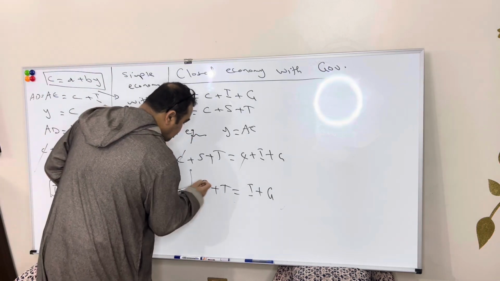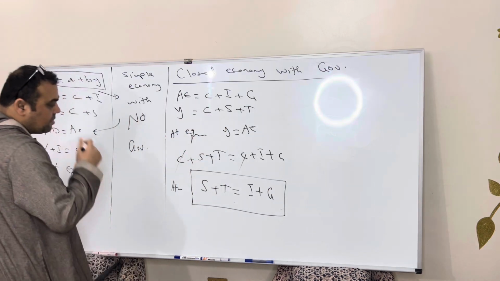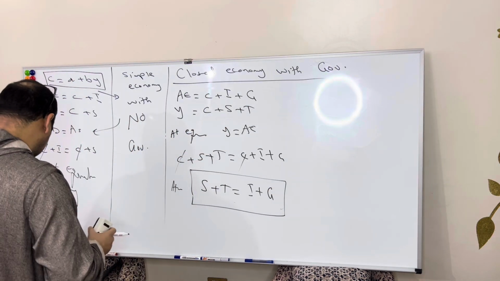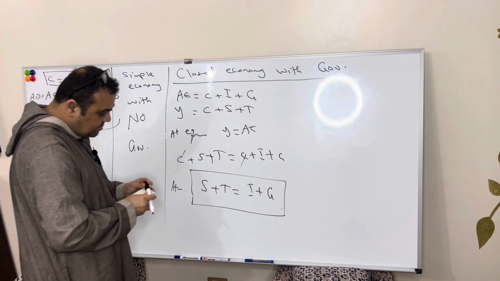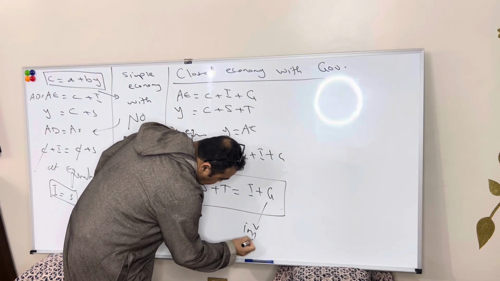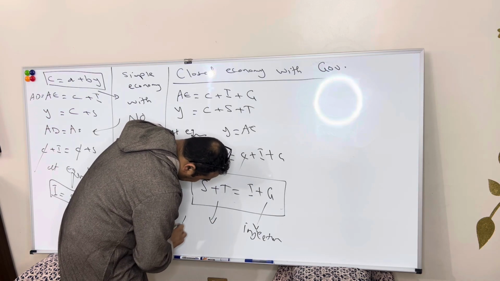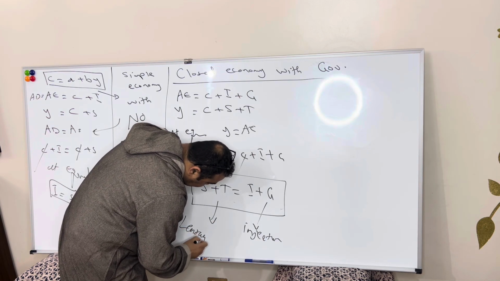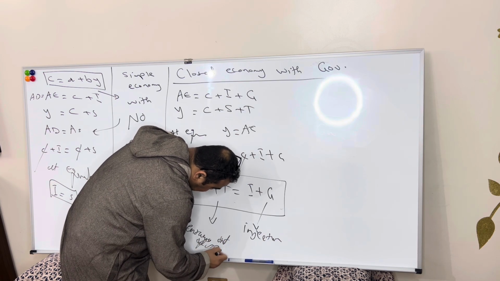This occurs at equilibrium, and this is called injection. And here are the leakages out of the spending stream.